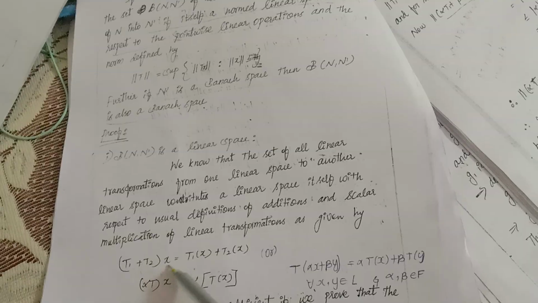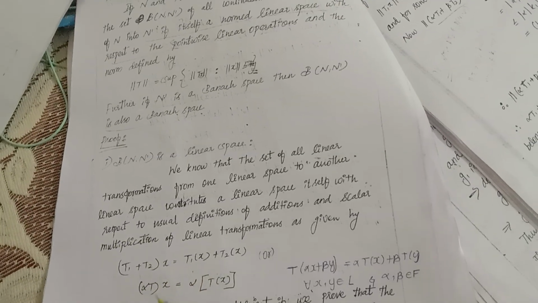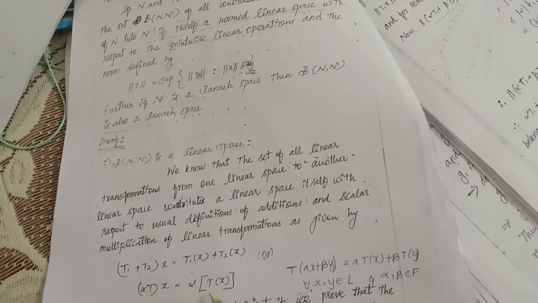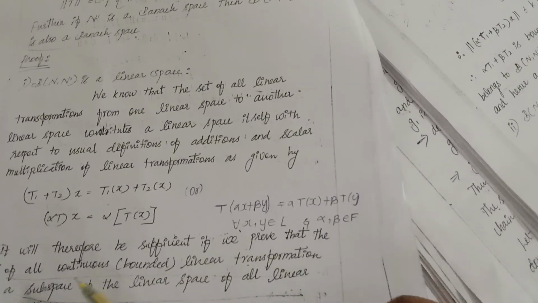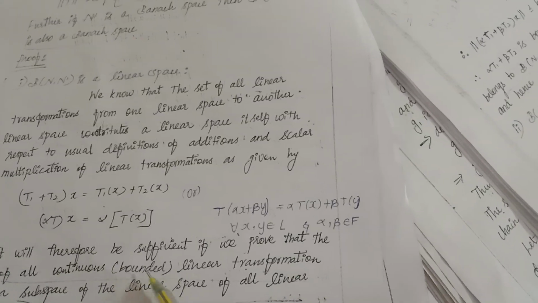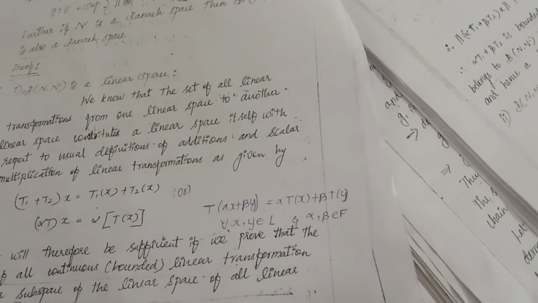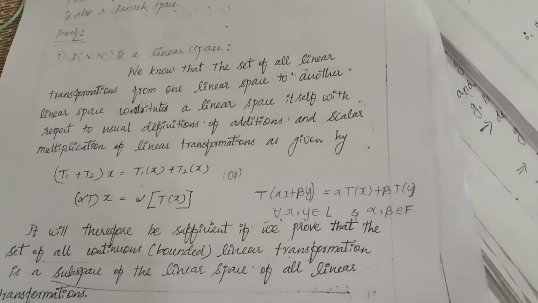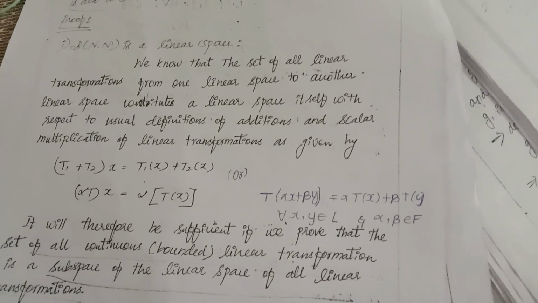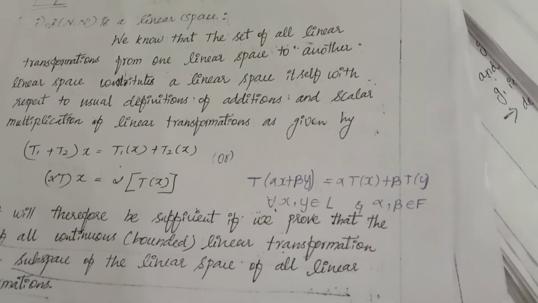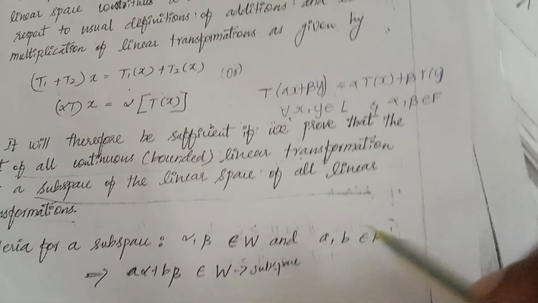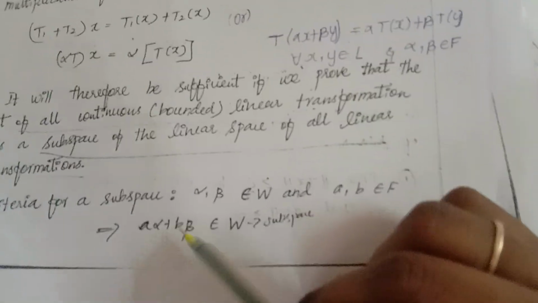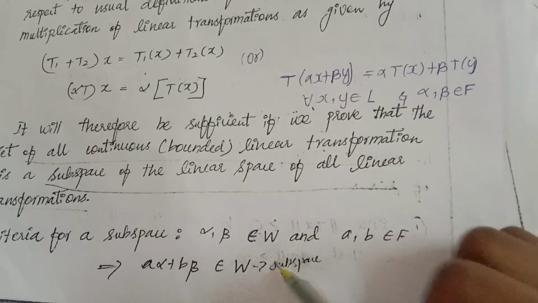So (T1 + T2)(x) equals T1 x plus T2 x, and (alpha T)(x) equals alpha T(x). It is therefore sufficient to prove that the set of all continuous, that is bounded, linear transformations is a subspace of the set of all linear transformations. Criteria for subspaces: we take alpha, beta belonging to the subspace W, and a, b belonging to the field F, then a alpha plus b beta belongs to the subspace.